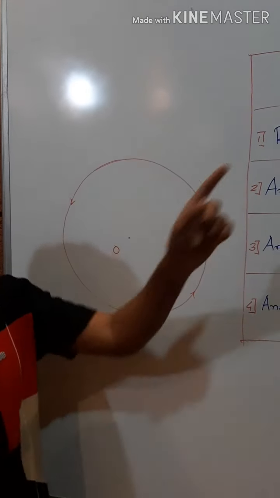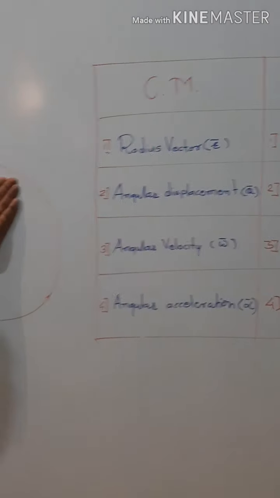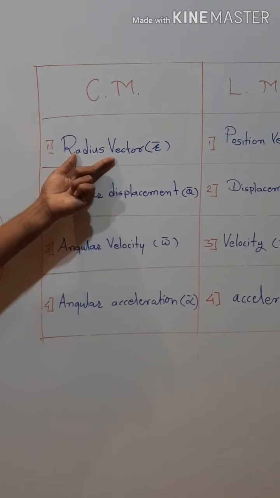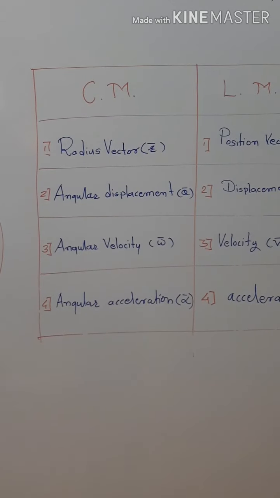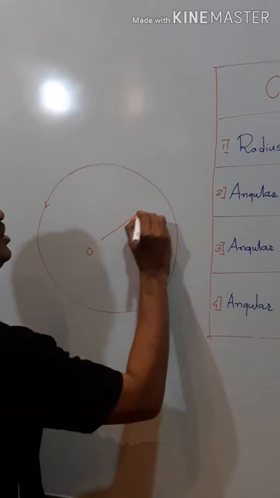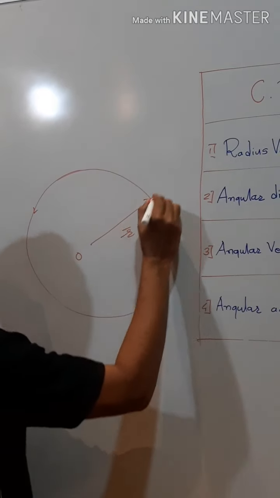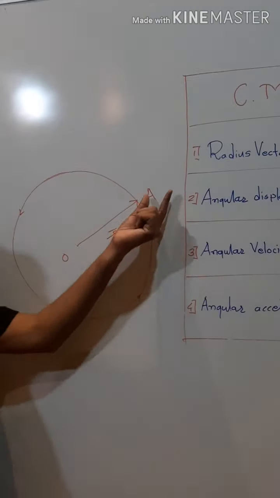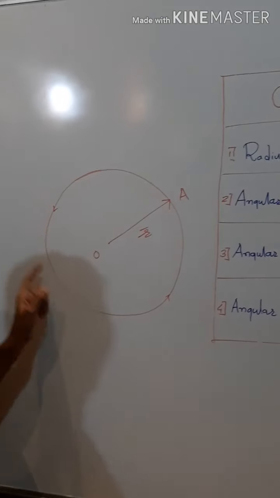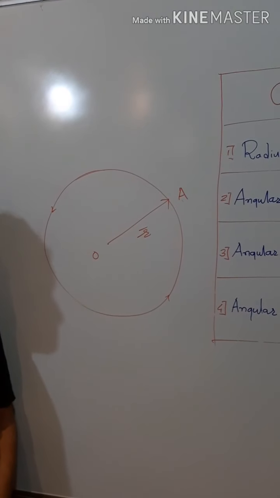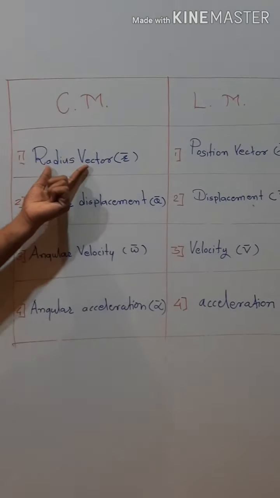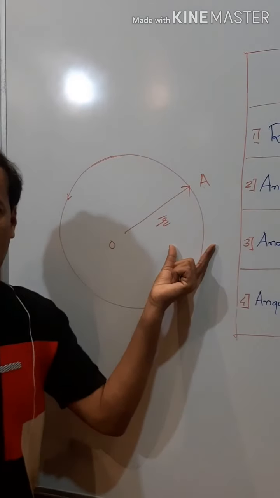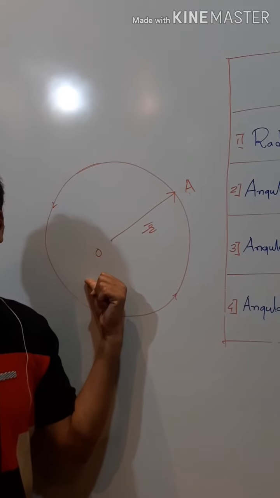The position of the particle along the circumference is described by using the first physical quantity called the radius vector, defined as a vector drawn from the center of a circle to the position of the particle. Let A be the position. It may be any point on the circumference, and therefore the radius vector is used to describe the position of the particle on the circumference.